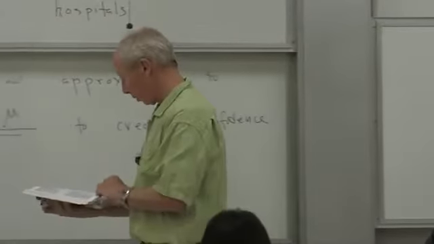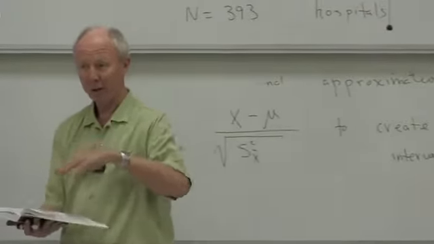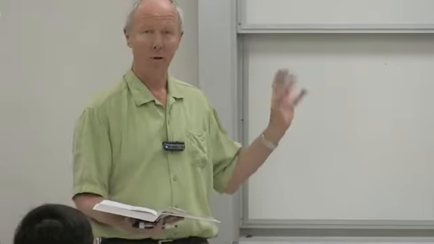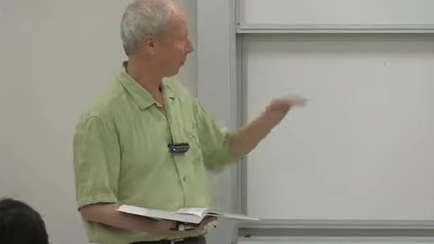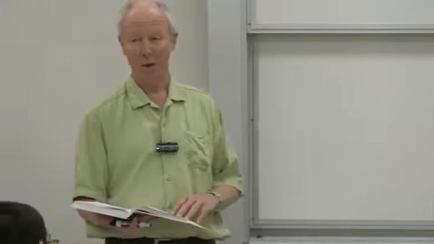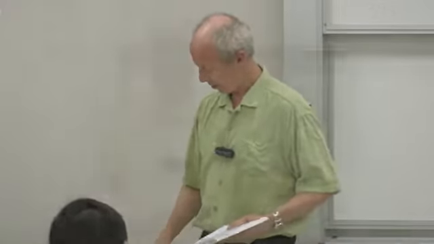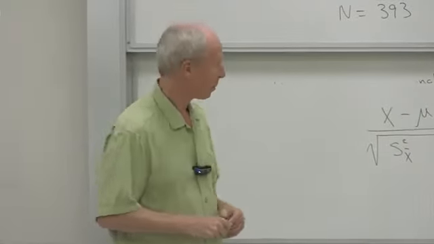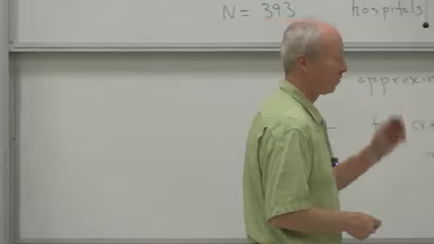Okay, it's somewhere in the book here. They give the x bar and things like that. So I'll look it up during the break, and I'll just write it down rather than make you sit here while I look through the book. Okay, I found the numbers.